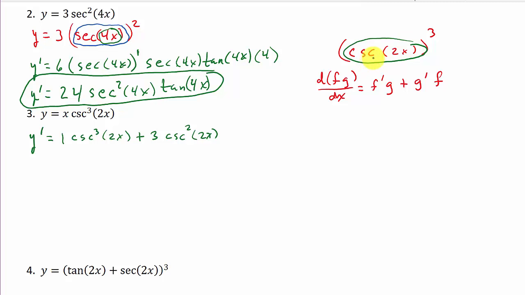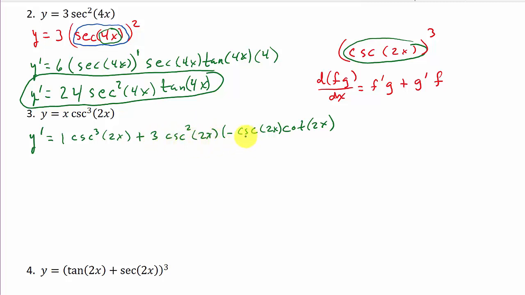So what's the derivative of cosecant? Well, that's negative cosecant 2x. Whoop, I was fixing to write tangent. Cotangent 2x. Okay. Alright, so remember, the 3 came down, subtract 1 from the exponent, then times the derivative of what's inside the parentheses.